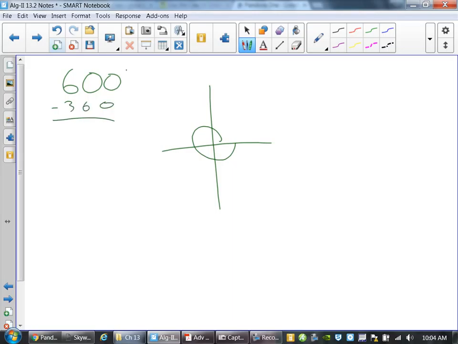How much do I have left to go? I have 240 more degrees to go. If I continue, here's another 180. How many more do I have to go? 60. I have 60 more degrees to go, which means I'm a little bit past halfway.